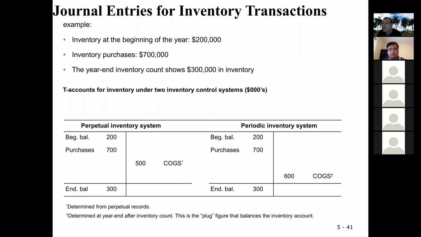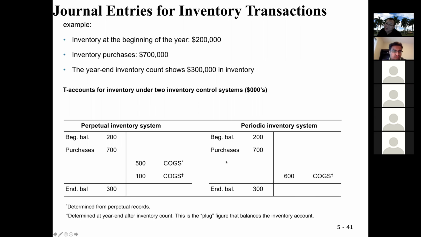So you wonder what happened. 200 plus 700 is 900, minus 500 is 400, so my ending inventory should be 400. But when you do an inventory count, it's 300. What happened to the 100? You identify this as shrinkage, maybe due to theft, 100,000.